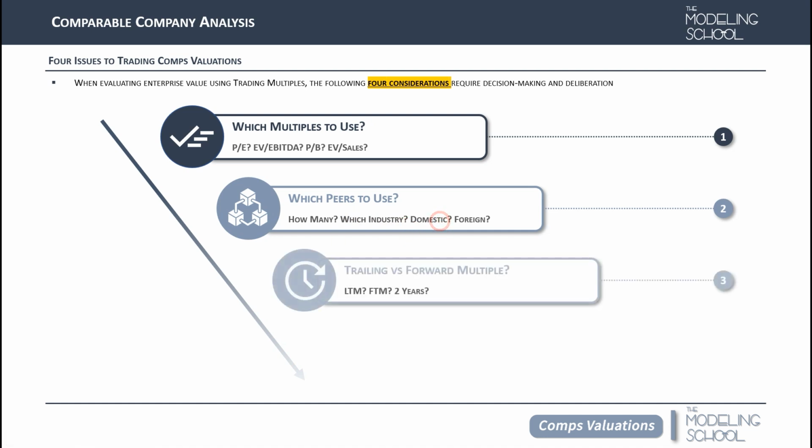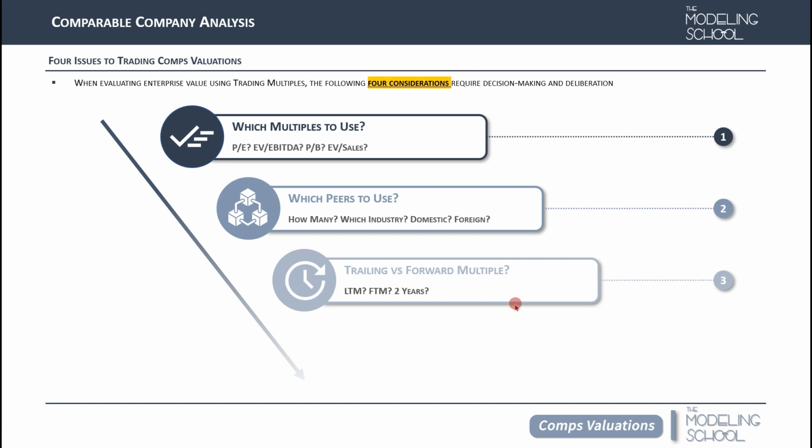Number 3, we're going to be deciding between trailing multiples and forward multiples. For example, when using an EV/EBITDA multiple, there's no debate that enterprise value should be the current or most recent value.